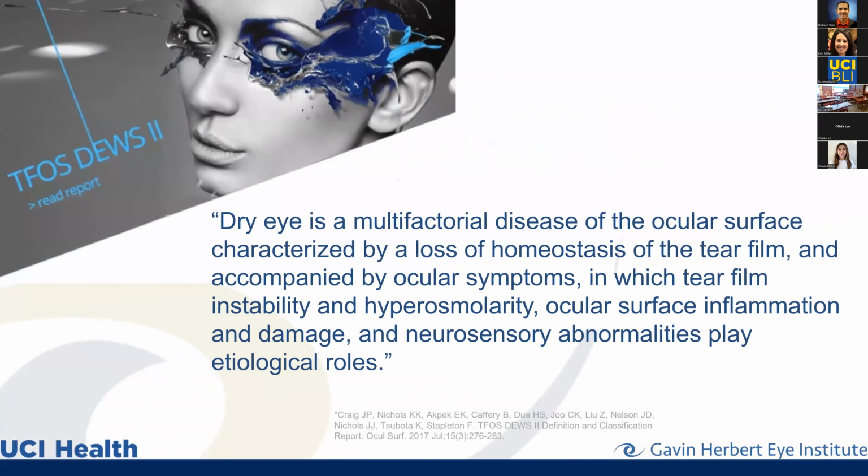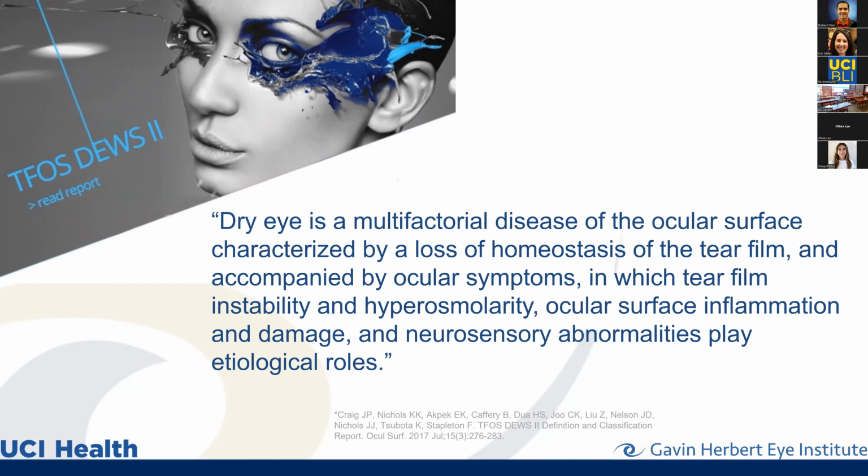Ocular surface diseases, in general, fall within the larger umbrella of dry eye diseases. But what is really a dry eye condition? A group of experts came together and came up with this definition, which I just want to highlight as a set of multifactorial diseases that are characterized by the loss of homeostasis of the tear film. And the patients have symptoms, but also the tear film displays instability.